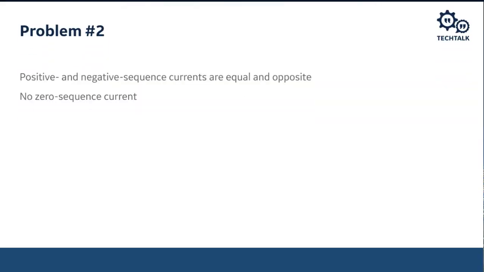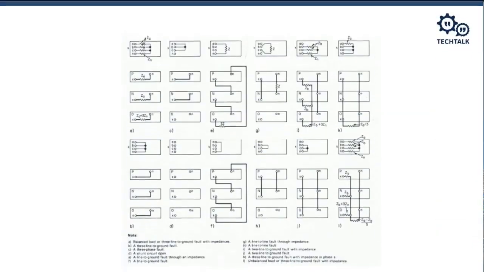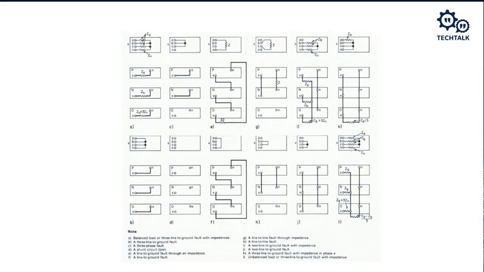The next quiz question: the positive and negative sequence currents are equal and opposite. So they're equal magnitude and opposite directions, and there's zero sequence current. So based on that, here's a look at the different networks.